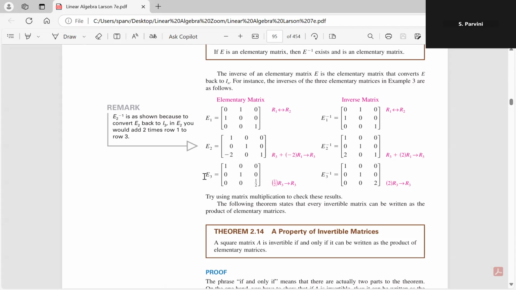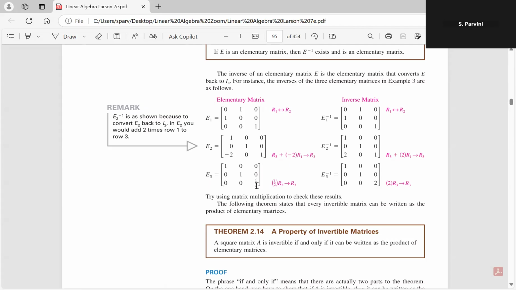Look at this one. He said elementary matrix 3. That's when I multiply the third row by half. What's the inverse of that operation? You multiply by 2. See this? That's the inverse of this operation. So you multiply the third row by 2.